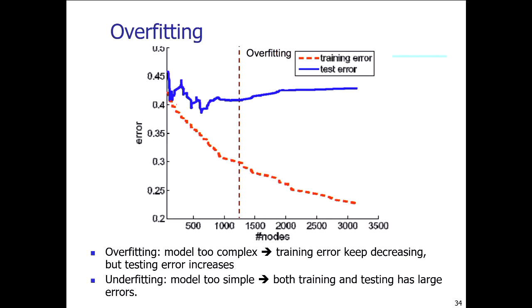And overfitting, when you have a large number of nodes, your tree is complex, the training error will keep decreasing. But that does not happen for the testing error. The testing error will even increase. And the difference would be larger and larger, that actually indicates there is overfitting.